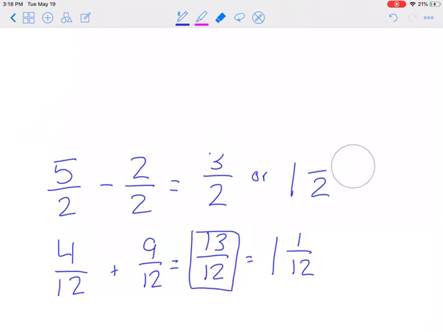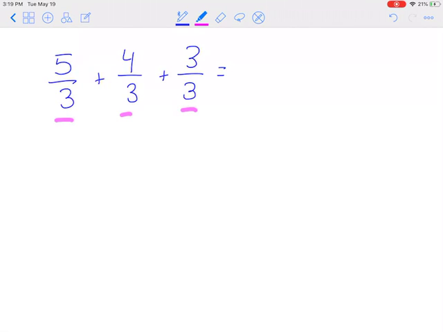Okay, last set, which is usually the most challenging for the mental math. 5/3 plus 4/3 plus 3/3. This is challenging because these two are improper fractions and this is a whole. So I already know that I'm going to get an improper fraction and I'm going to have to change it to a mixed number.